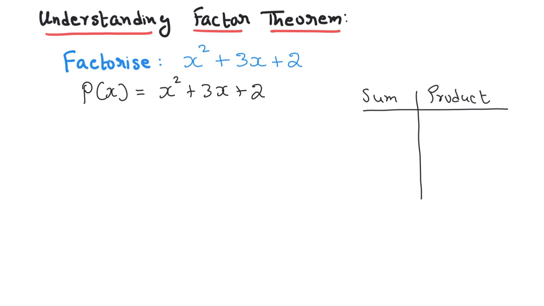Now the sum is the coefficient of x, which is plus 3. And the product is the multiplication of the coefficient of x squared and the constant, which in this case happens to be 2. Now, think of two numbers. If you multiply, you get 2. And if you add, you get 3.